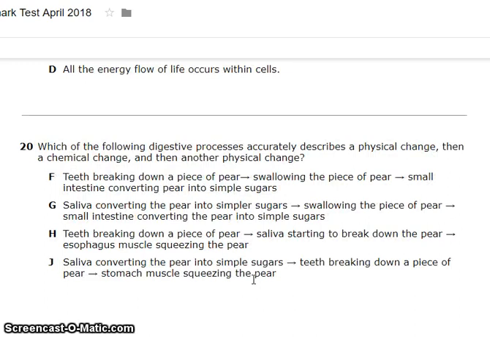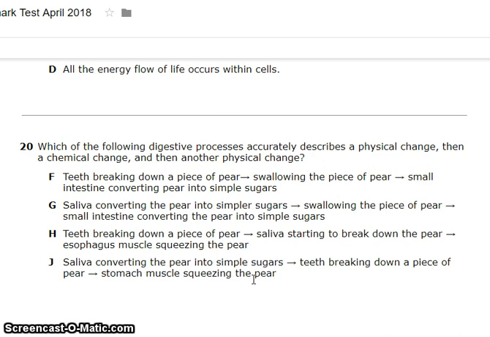20. Which of the following digestive processes accurately describes a physical change, then a chemical change, and then another physical change? F. Teeth breaking down a piece of pear, swallowing the piece of pear, small intestine converting pear into simple sugars.